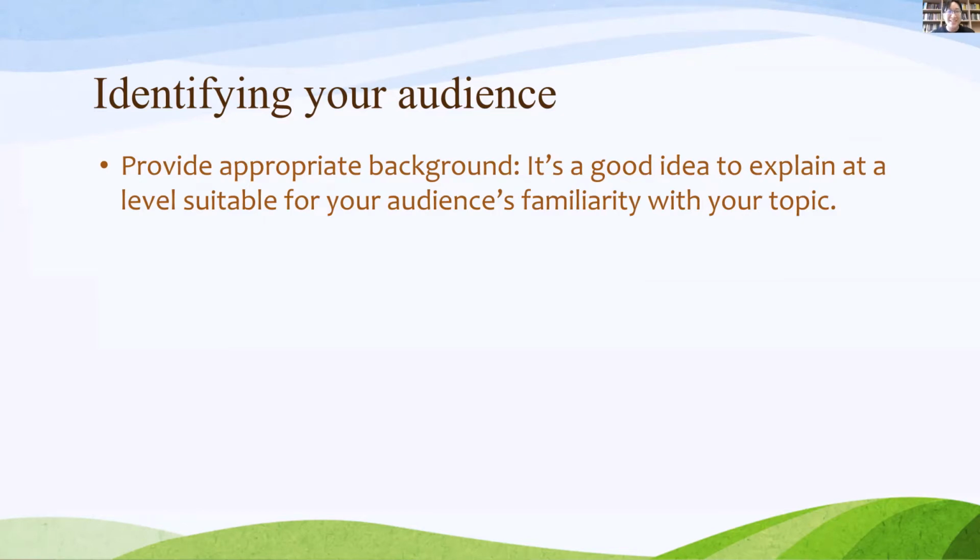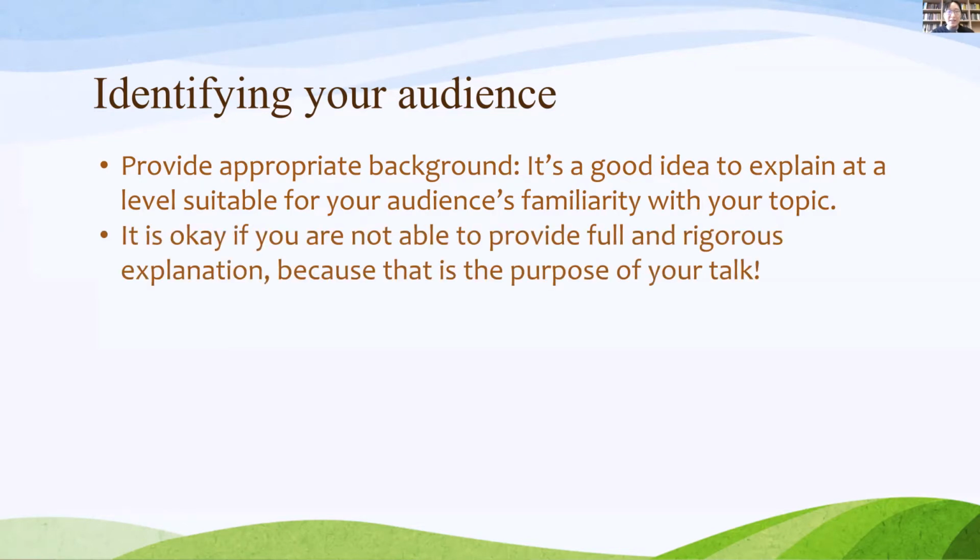The example's on the next slide, but it's okay if you don't have a full or rigorous explanation for all the technical terms, since the purpose of your talk is to go into more detail. This is just enough that your audience has the idea of whether or not their level of understanding might prepare them to understand your talk.